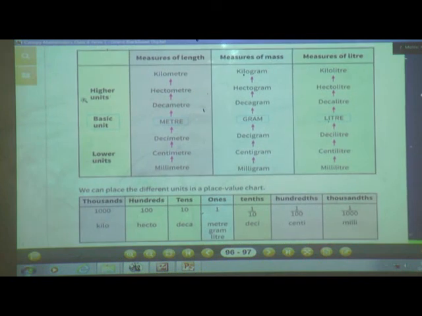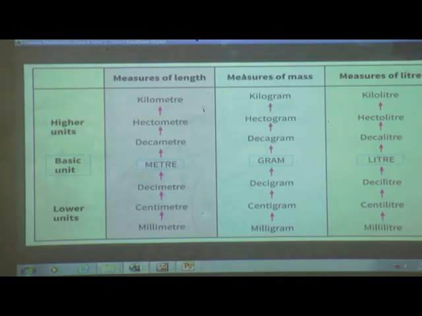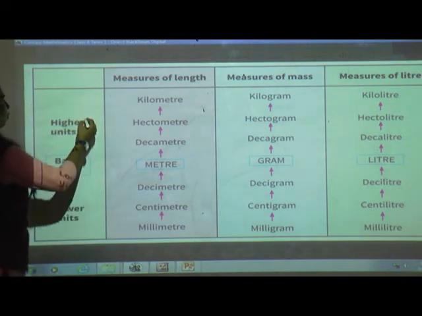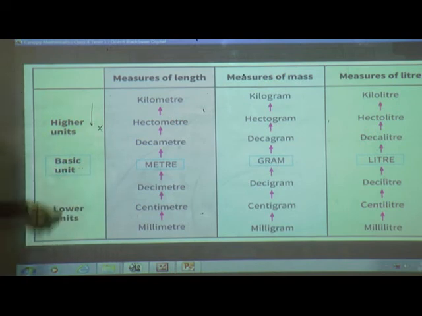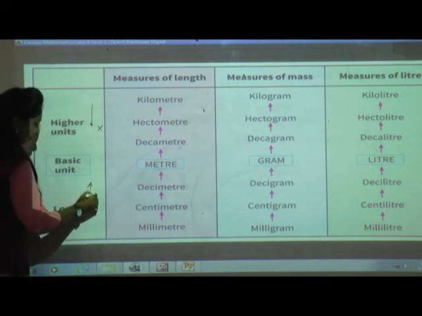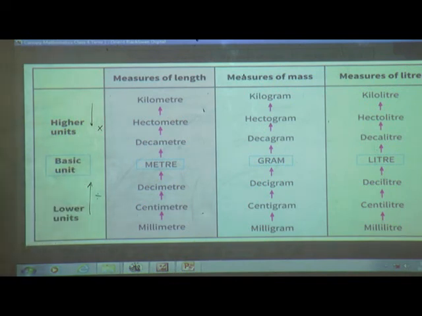Now observe this table. If we go from a higher unit to a lower unit, we need to multiply, and if we go from a lower unit to a higher unit, we need to divide. Can you see the short forms they have given? Lower units to higher units.